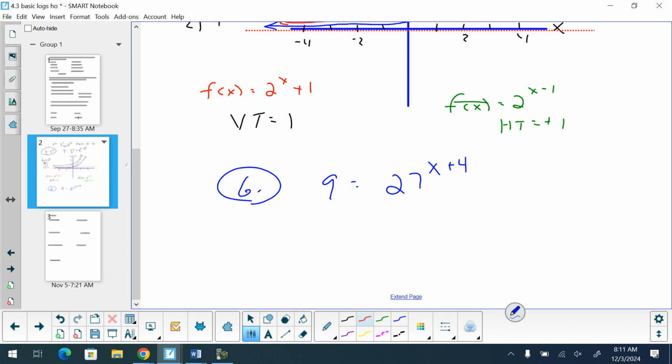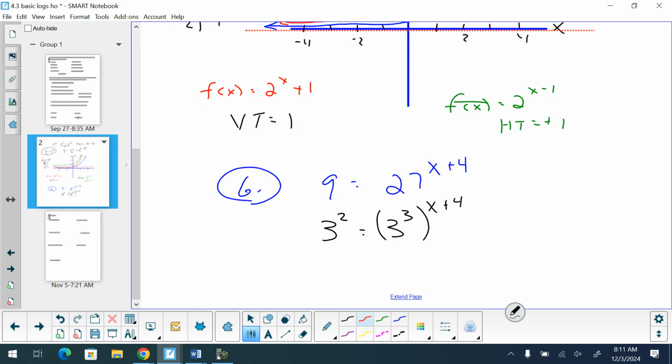What would be our like base for 9 and 27? 3. So 9 we can write as 3 to the second power. 27 we can write as 3 to the third power. So what we've now gained is our like bases. If we have like bases, then the exponents must be equal.